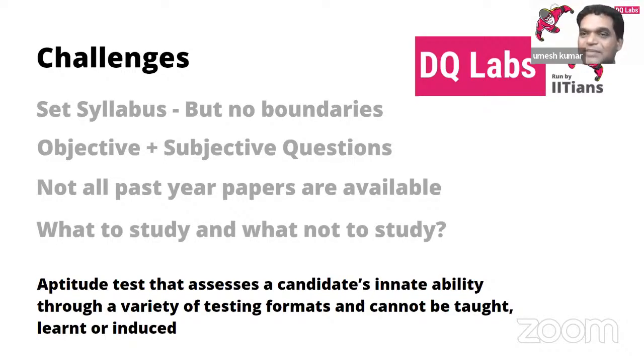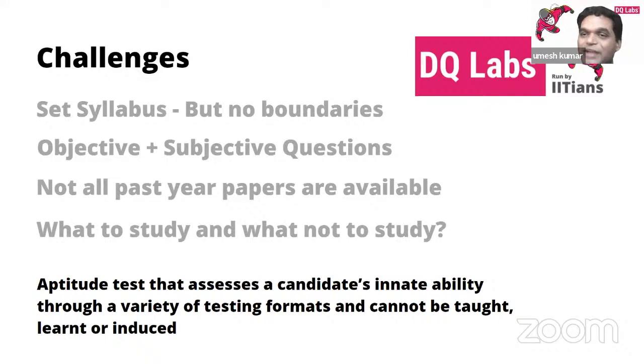For example, let us take a drawing question. Let us say you are supposed to design an icon or pictogram for a particular event. They may set certain parameters, but that pictogram can be done in millions of ways.